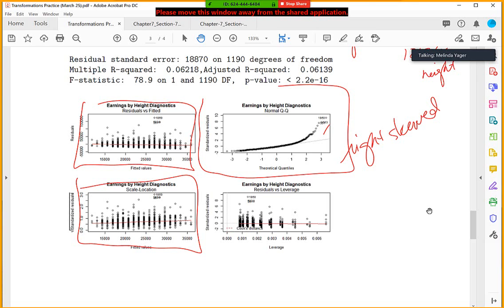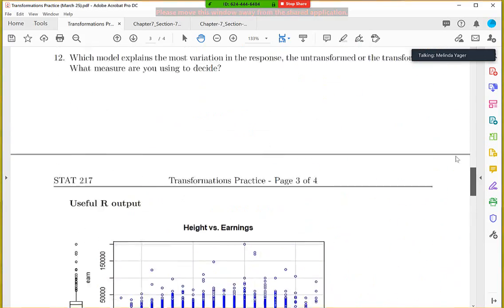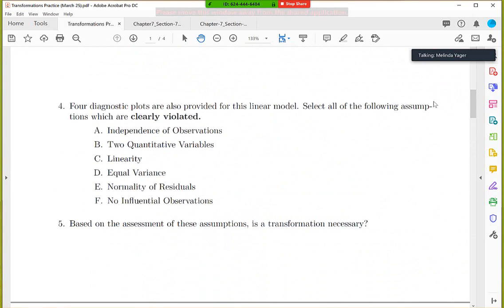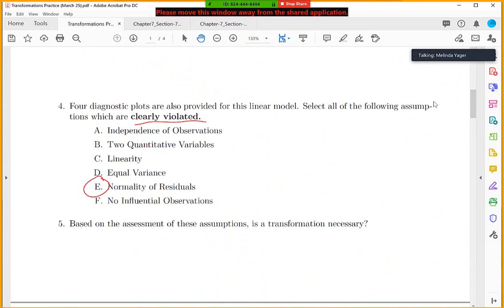No, we don't have any values with a Cook's distance greater than 0.5. So really the only one that shows a clear violation would be our normality of residuals. Like I said, we might have some issues with equal variance, but it's not a clear violation.